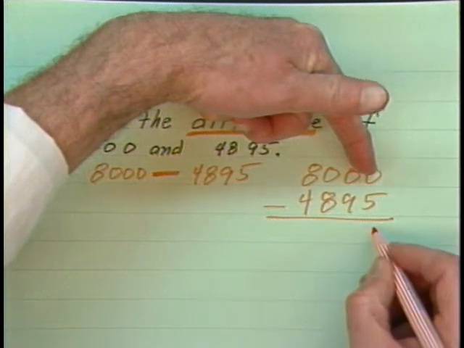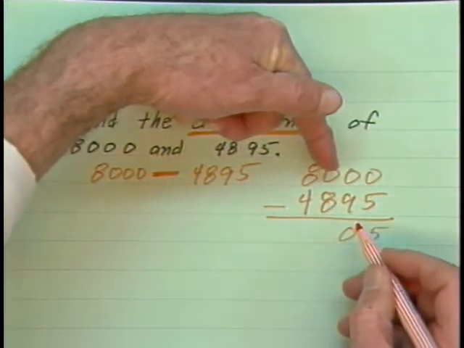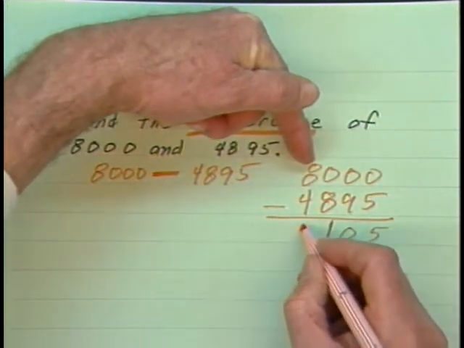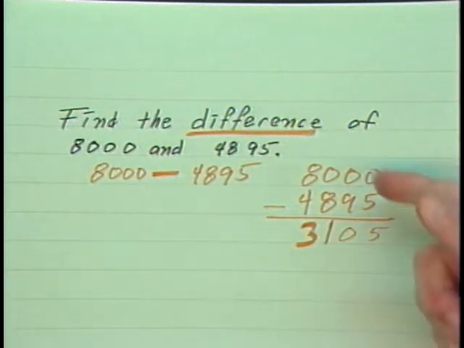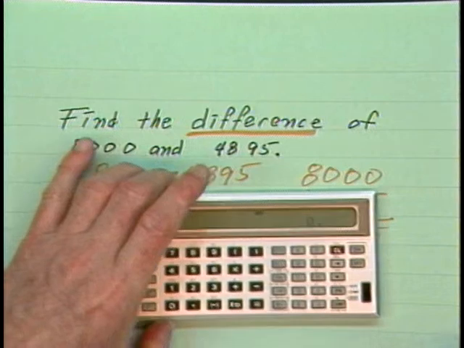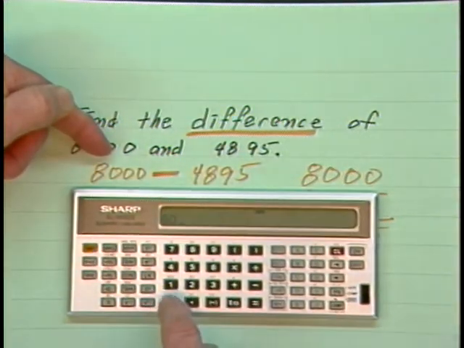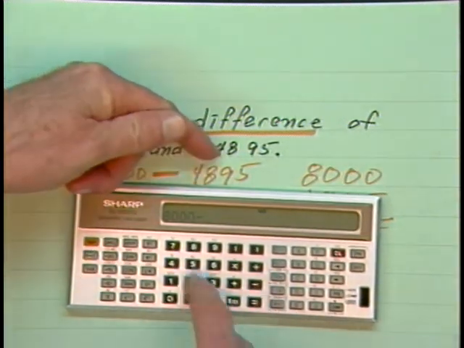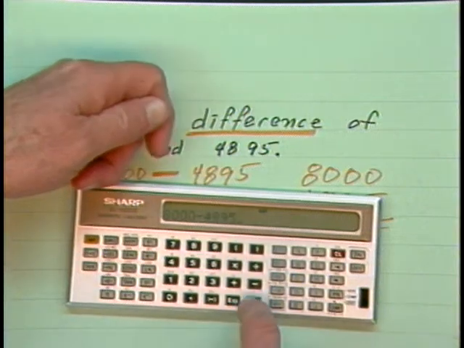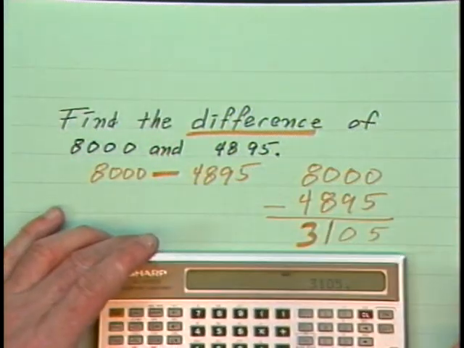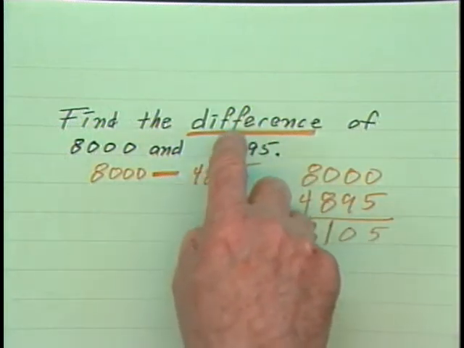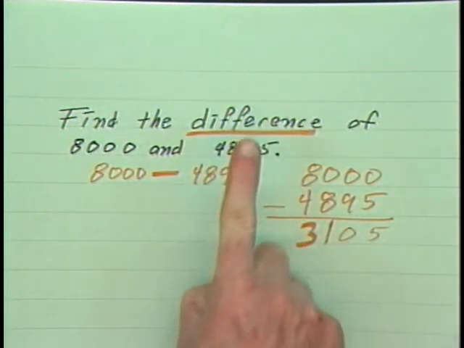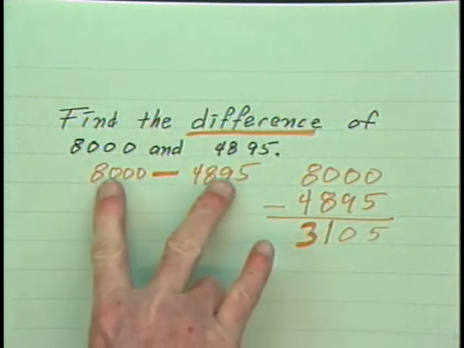So 5 from 10 is 5, 9 from 9 is 0, 8 from 9 is 1, 4 from 7 is 3. Did you follow me? So again, by hand, then check by calculator. 8000 minus 4895 is 3105. It checks.